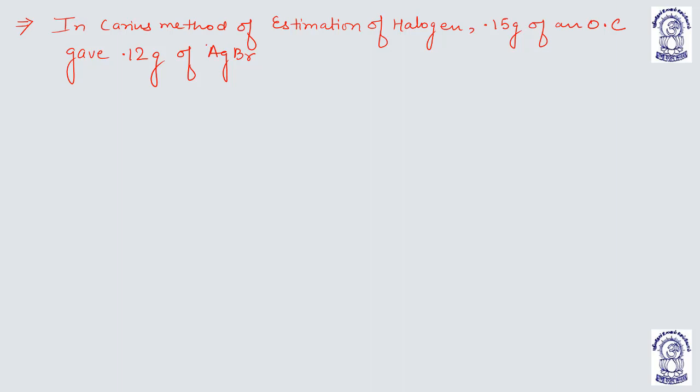So you know the formula of percentage of halogen is X into A into 100 upon 108 plus X into weight of organic compound, where X is the atomic mass of halogen, so it's bromine. So the mass of bromine is 80.